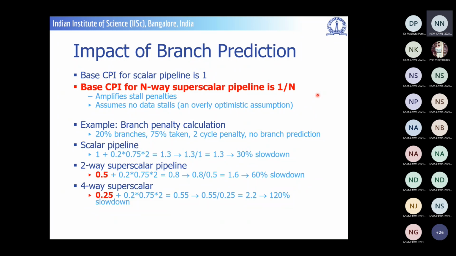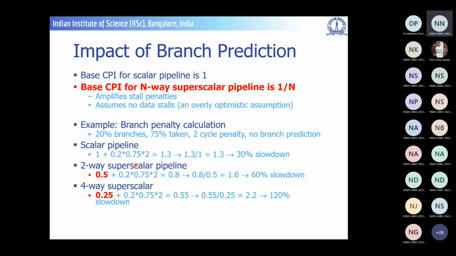So if it is 4-way, then it is 0.25 cycles that you should take on average to execute an instruction. In the ideal case, that's the best that you can achieve, but of course there are stalls, so it will be more than that.